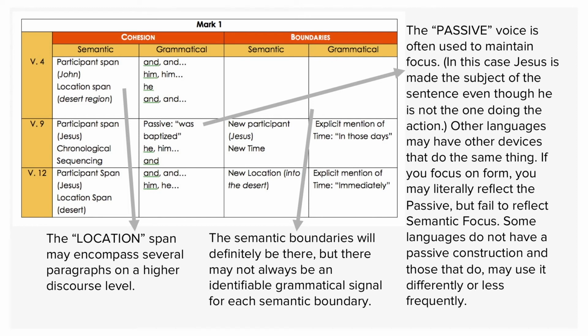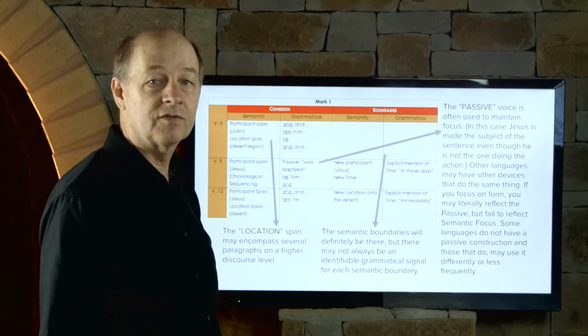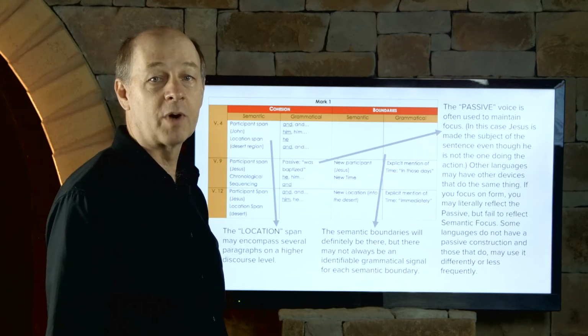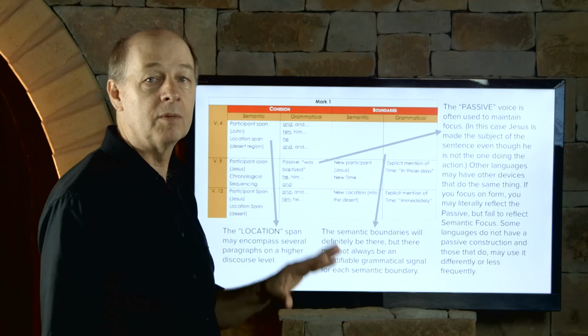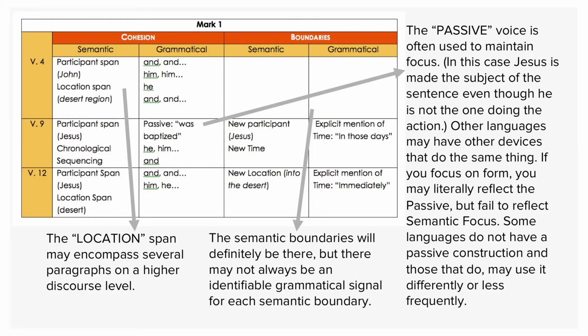Now in verse 9, we see that a new participant span begins, focusing on Jesus. In verse 9 also, we see that there is a passive construction. And when passive constructions are used in Scripture, sometimes one of the reasons is for participant tracking, to keep the main participant in focus. In this case, Jesus is the one who is in focus, so by using the passive construction, he is put into the subject slot, even though he is not the one that is doing the action.